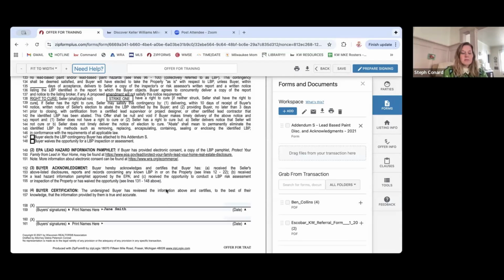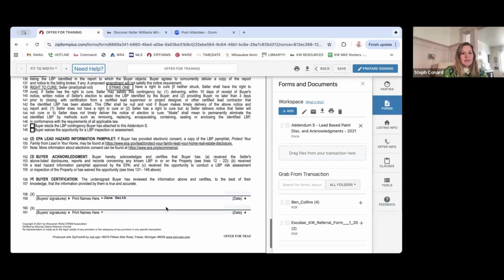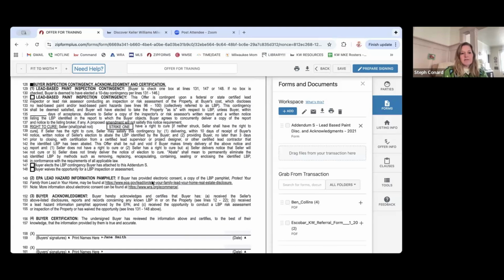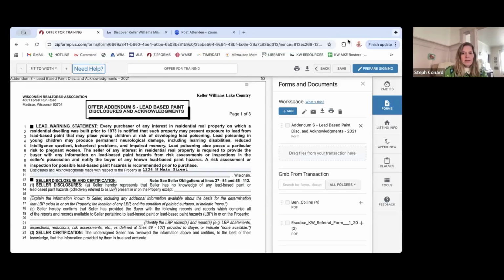So again, this applies to all properties built before 1978. If a buyer is filling this out on a property after 1978, no harm, no foul. It's okay.